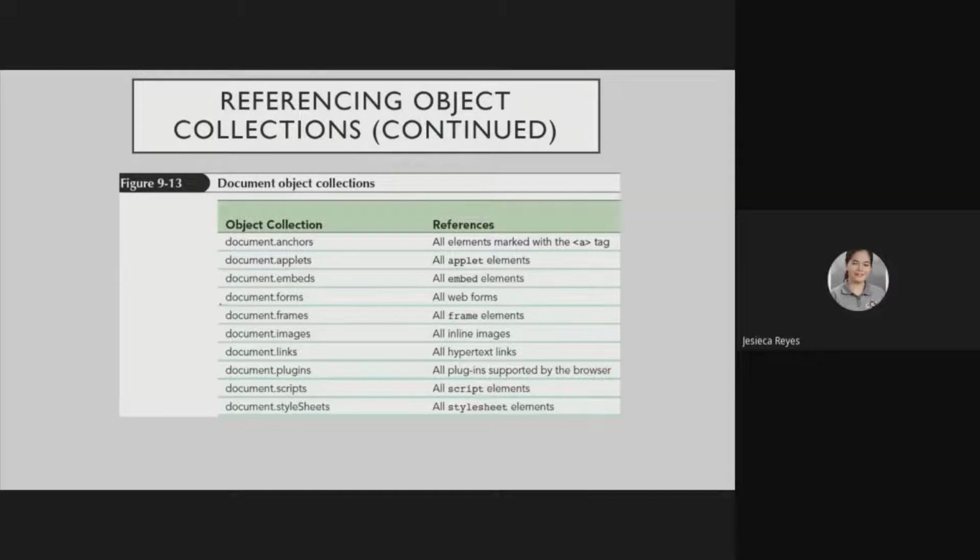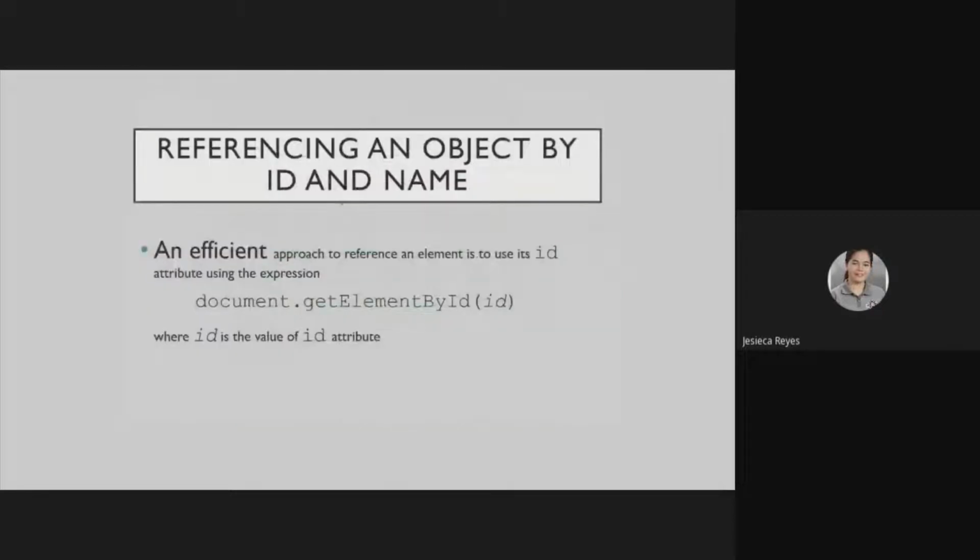Then document.links will be used for all hypertext links and so on. Okay. So we also have referencing an object by ID attribute and name attribute.